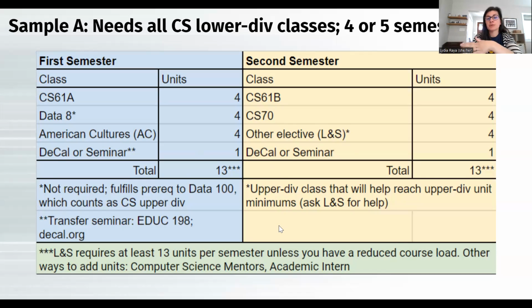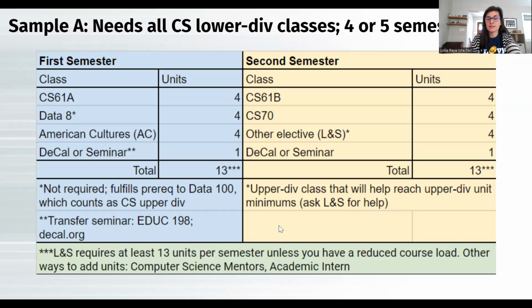Something that's really important to remember, and I think it's hard for a lot of transfers to remember when they first come to Berkeley, is you have your major, but you also have some specific unit requirements you need to meet for L&S. And one of those is a very specific number of upper division units.